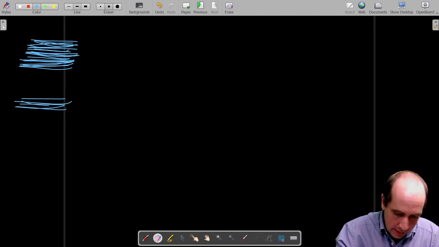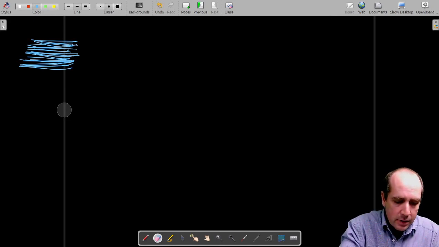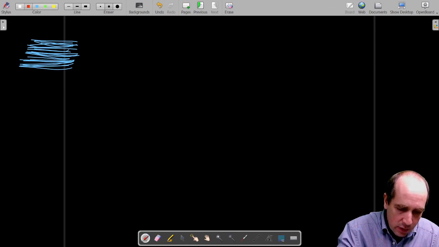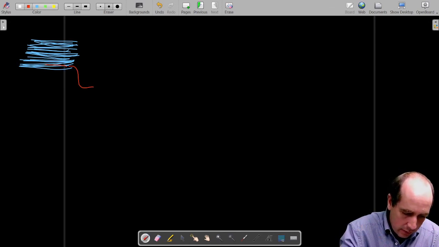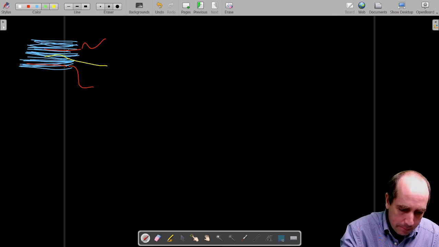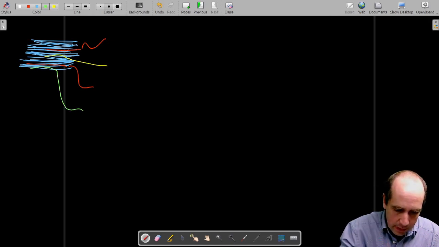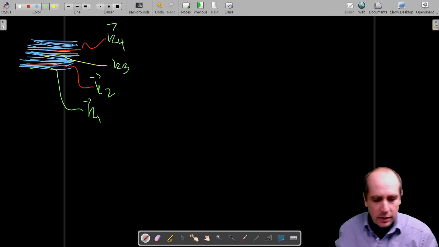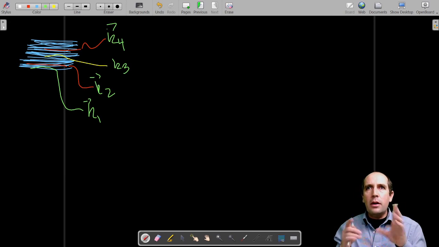We've already said that distinguishing between this level here and other levels is about finding the correct K. So this is K1, this is K2, this is K3, and this is K4, and the difference between all these levels is going to be the combination of these three coordinates of the K vector.